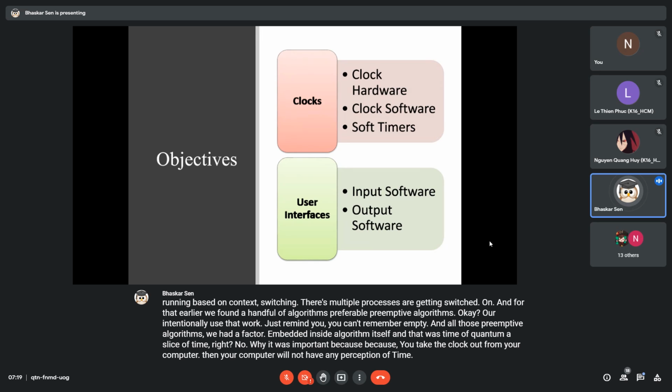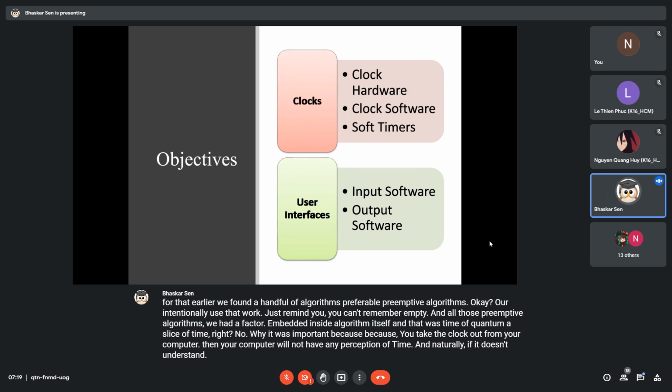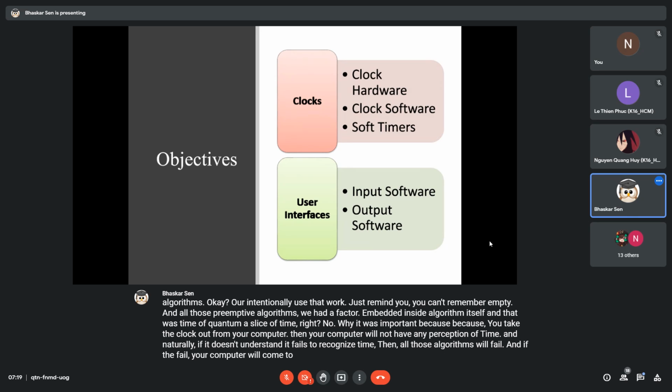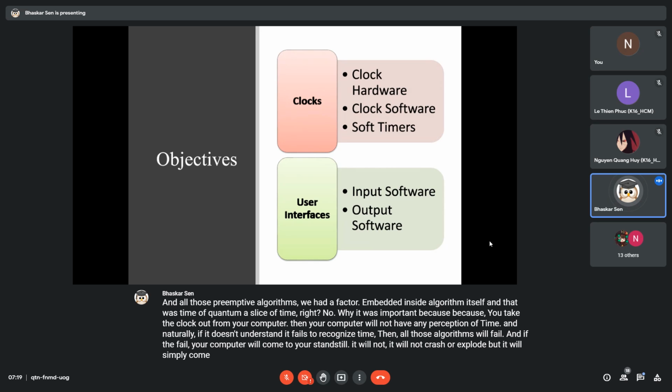And naturally, if it fails to recognize time, then all those algorithms will fail. And if they fail, your computer will come to a standstill. It will not crash or explode, but it will simply come to a standstill. That is the problem.